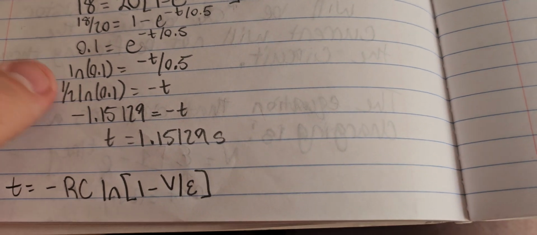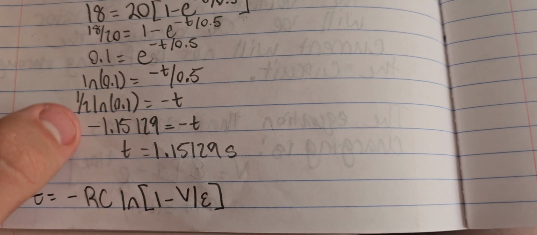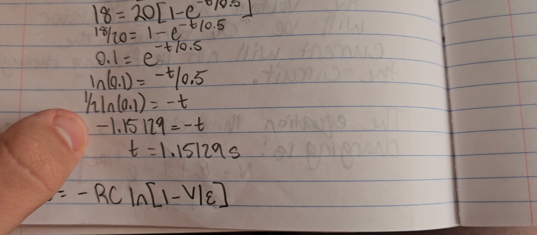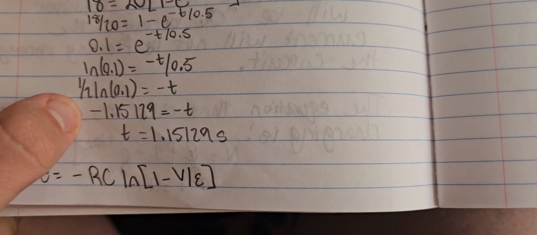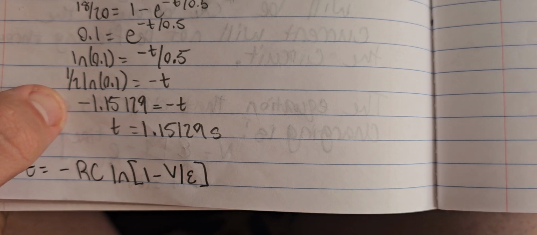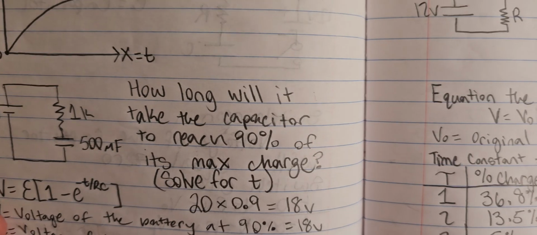Once you plug this equation into a calculator, you'll get a negative number, negative 1.15129, equals negative t, and so the negatives cancel. So for how long will it take the capacitor to reach 90% of the max charge?